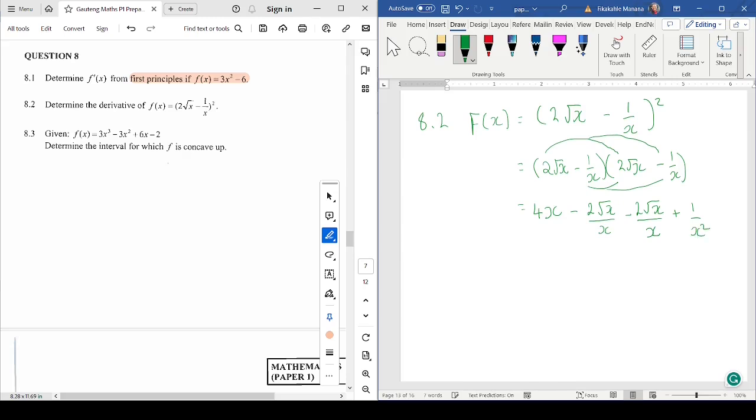Okay, let me further simplify this. This one just stays as 4x, minus 2 minus 2. That gives me minus 4.